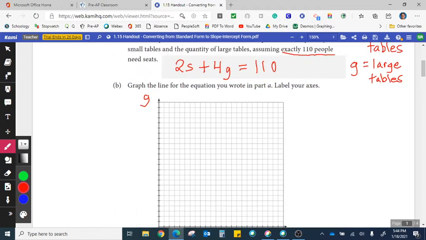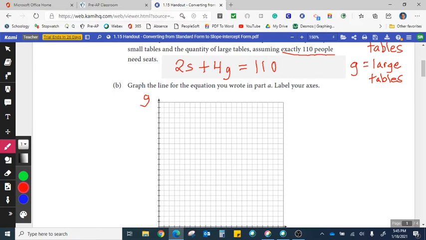Okay, so from the last lesson we understood that if we just plugged in 0 for one of the variables, we can solve for the other variable, and if we just had large tables or we just had small tables, we could figure out the number of tables that we would need.